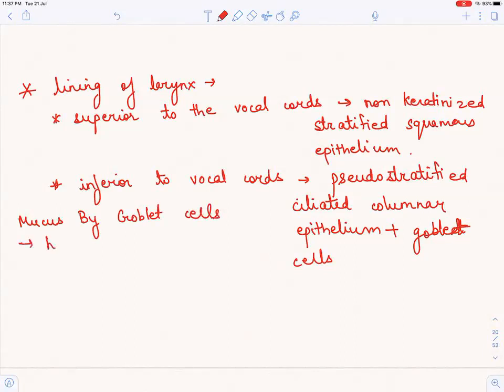It helps to trap the dust, which is not removed in the upper passages, right? Okay, this is what I want to tell you about larynx.